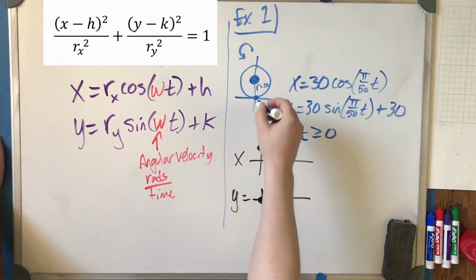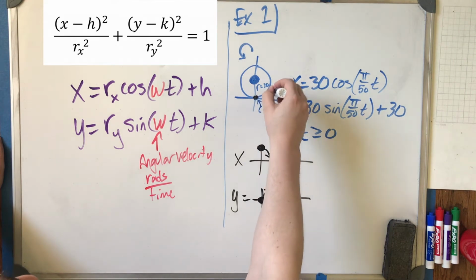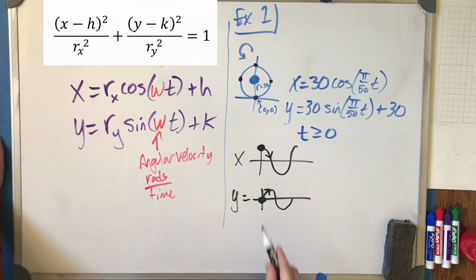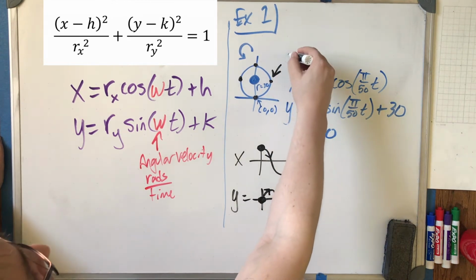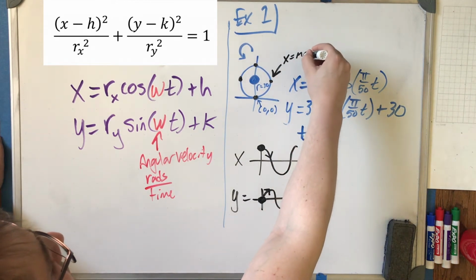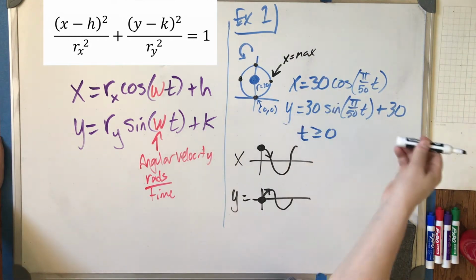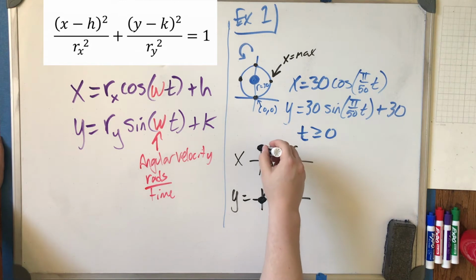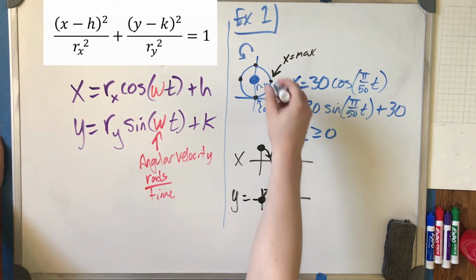Let's think about where on this circle x is at a positive maximum value. It's going to be right here. This is where x is at its maximum. It can't go further in the right-hand direction. Then let's think about what happens here. The x value is going to decrease, and that makes sense.